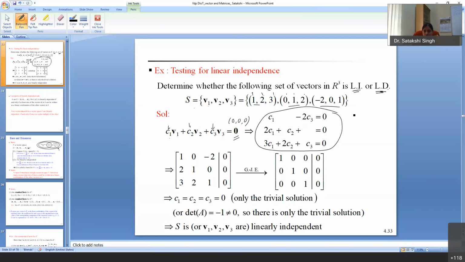If you solve these equations either using the matrix form or by directly solving the equations, you will get C1, C2, and C3 equal to 0. So that means there exists only the trivial solution among the scalars, and so our V1, V2, V3 are a linearly independent set of vectors.